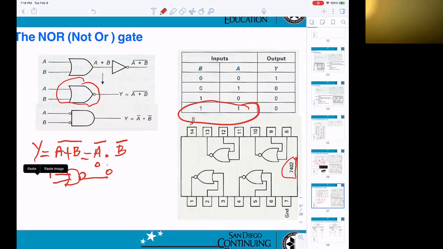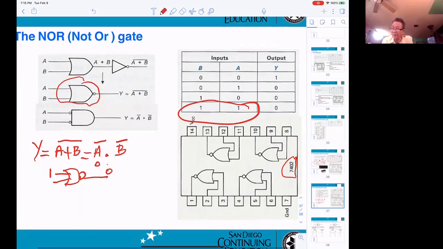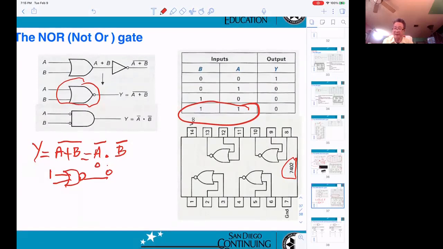If one input equals 1, the output must be 0. In order for the output to be a 1, all of the inputs have to be 0. Then you get a 1. Looking here, you can see that if any input is 1, the output will be 0.